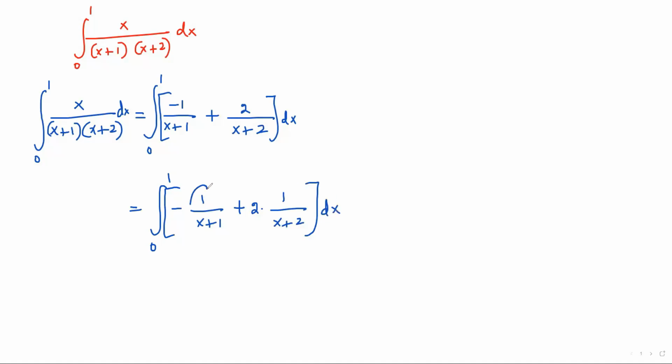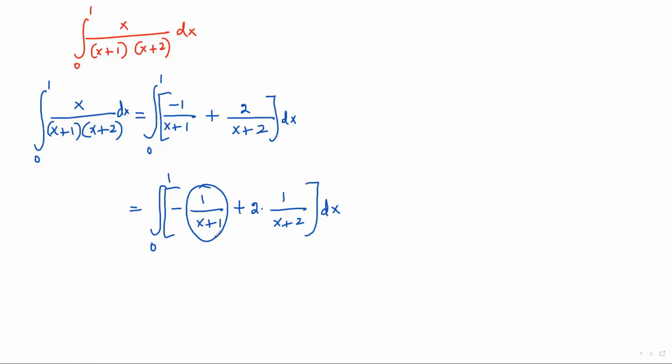Here in this rational expression 1 over x plus 1, if I find the derivative of x plus 1 with respect to x, what will I get? I'll be getting 1, that we have exactly in the numerator.